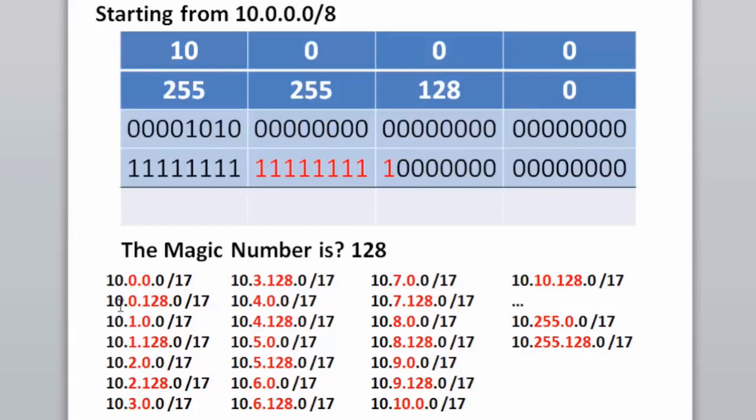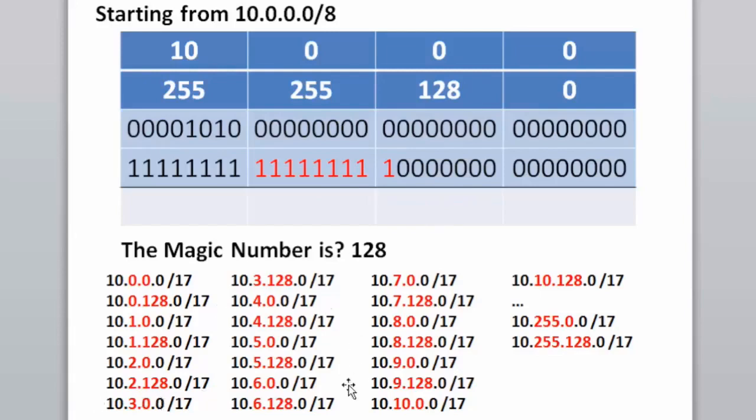The first subnet will be the 10.0.0.0/17 subnet, then the 0.128 subnet, then the 1.0 subnet, then the 1.128 subnet. And as you can see, we're iterating through every possible number in the second octet and then going up by 128 in the third octet.